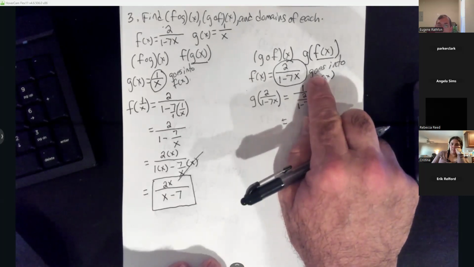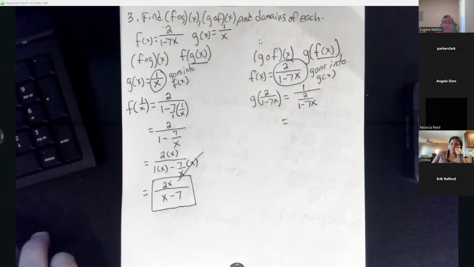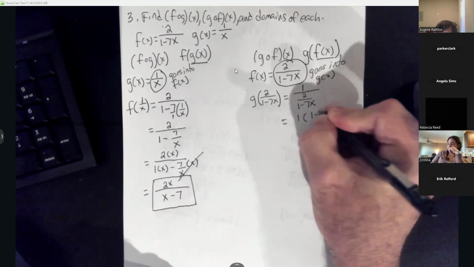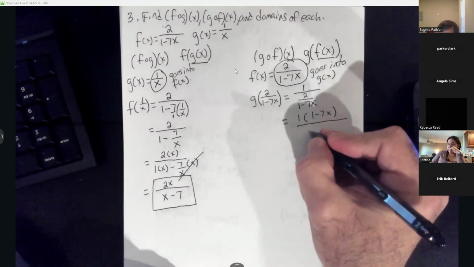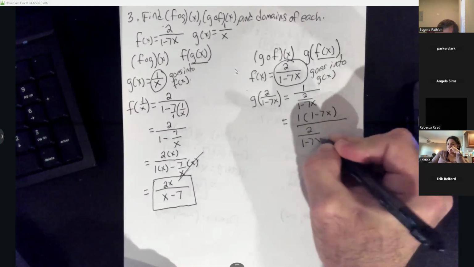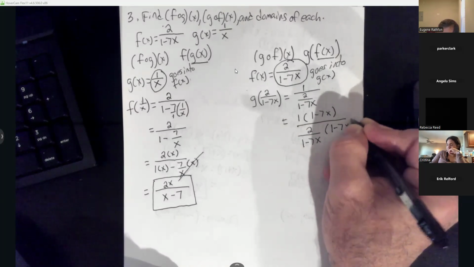And I will do that to the top and the bottom, okay? So I'll have my 1 on top times 1 minus 7x. On bottom, I got my 2 over 1 minus 7x times 1 minus 7x.